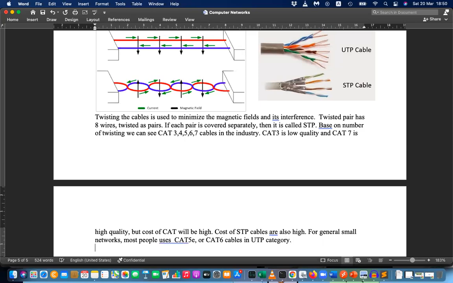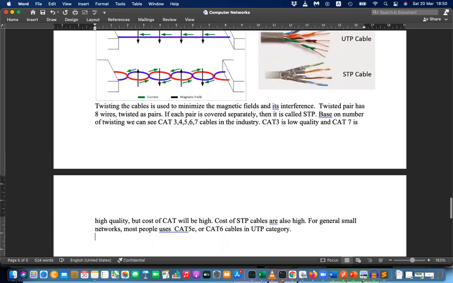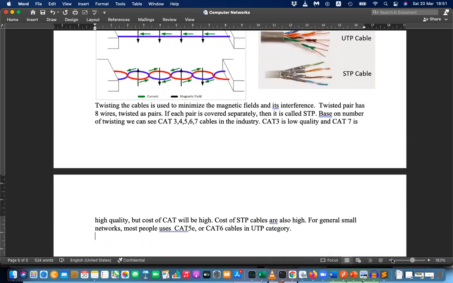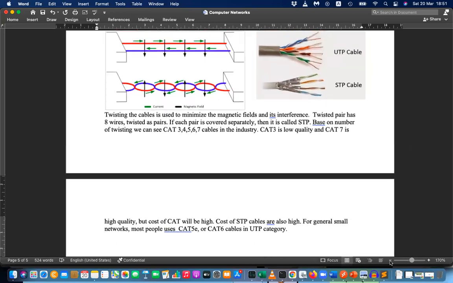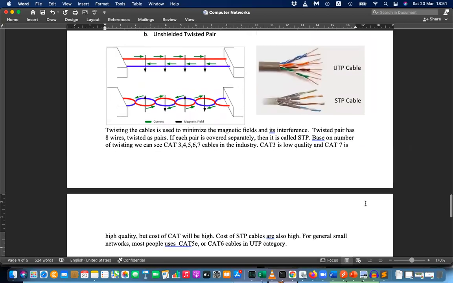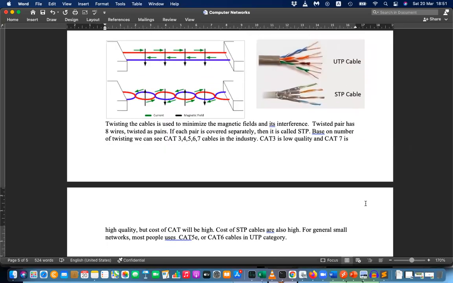That is also UTP. Normally people are not using STP cables, they are using UTP cable. Even though STP quality is high, thinking about the expenses, people will use cat 5e or cat 6 cables with UTP. So that is how these cables are used.